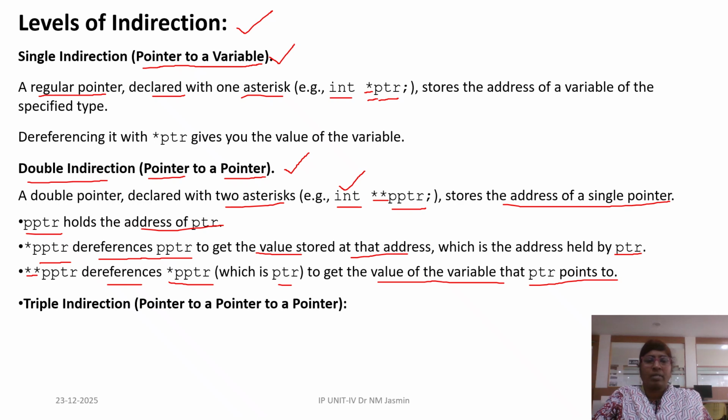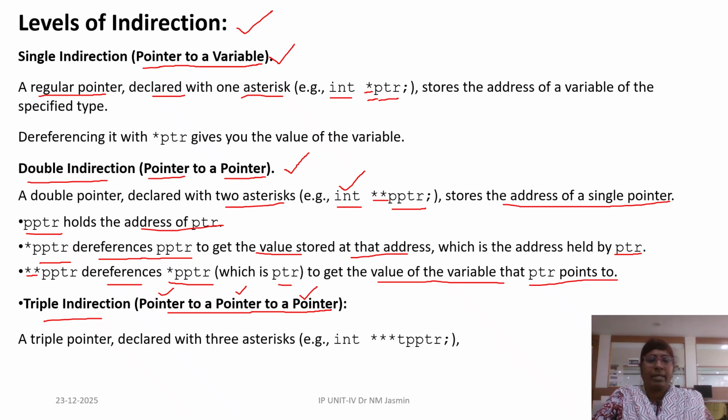Now the triple indirection, which is a pointer to a pointer to a pointer. Three times we can see the pointer, and that is the reason it is called triple indirection. In triple indirection, we declare with three asterisks, whereas in double indirection we have only two asterisks, and in single indirection only one asterisk.